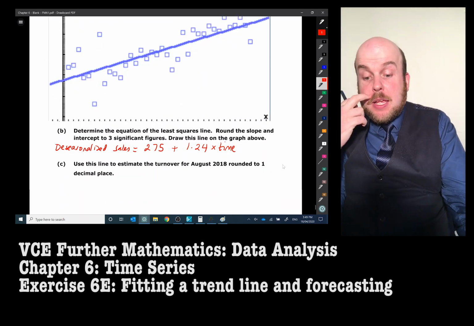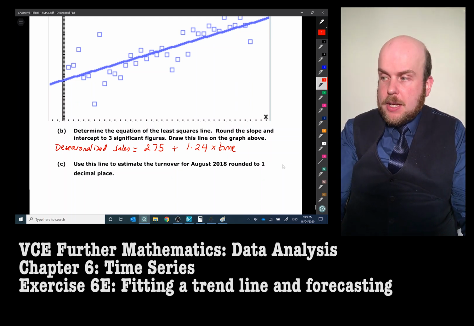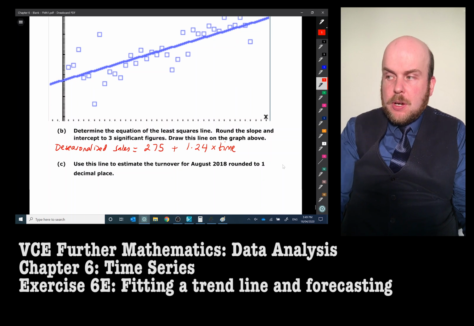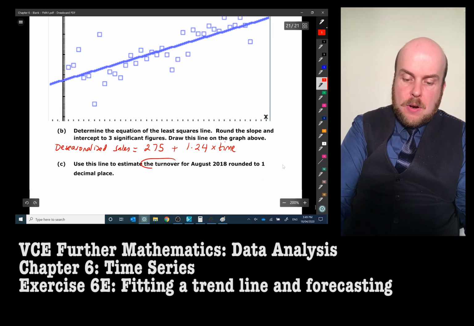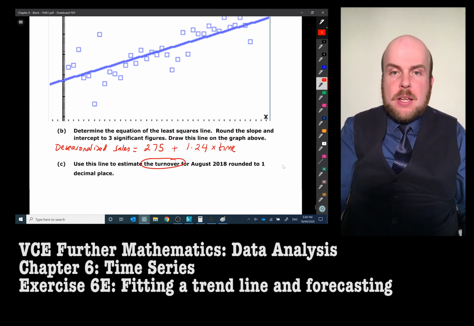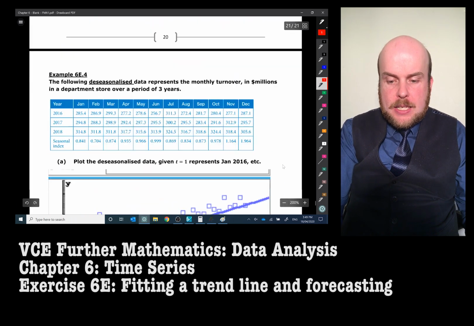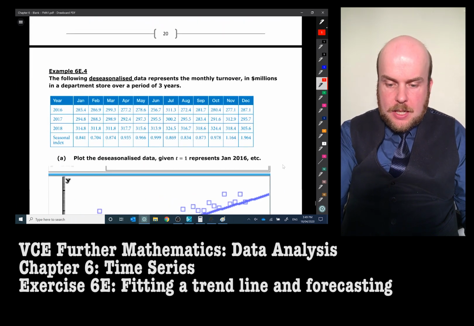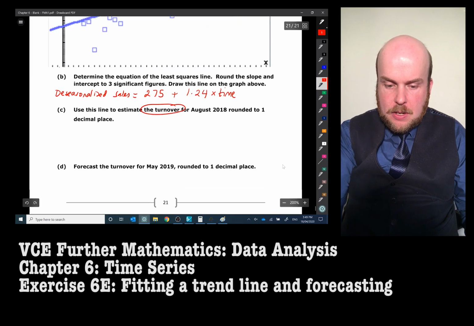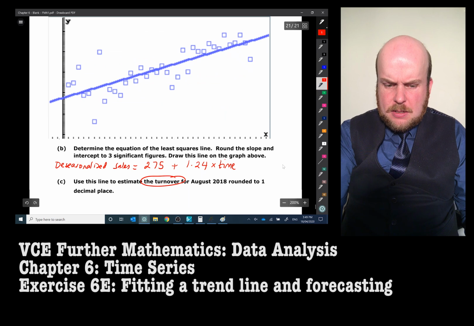Use this line to estimate the turnover for August 2018, rounded to 1 decimal place. So the one thing we need to be aware of is that it says the turnover, it doesn't say the deseasonalized turnover. So it means we're going to have to do a few extra steps. So August 2018, haven't we already been given 2018?